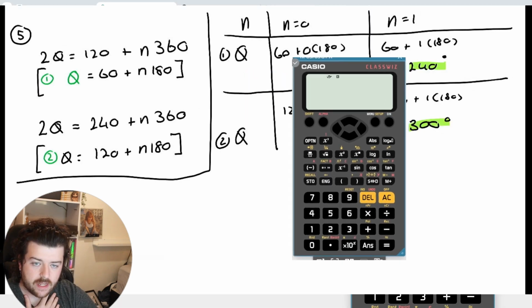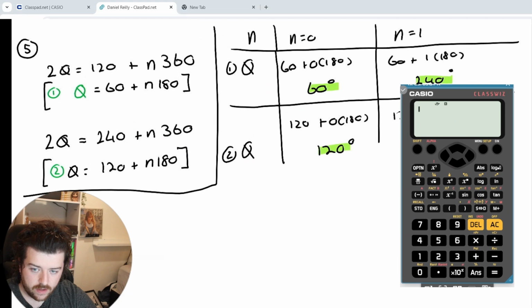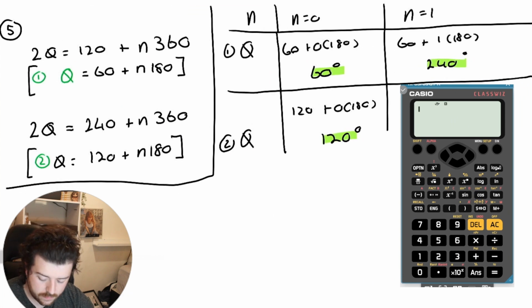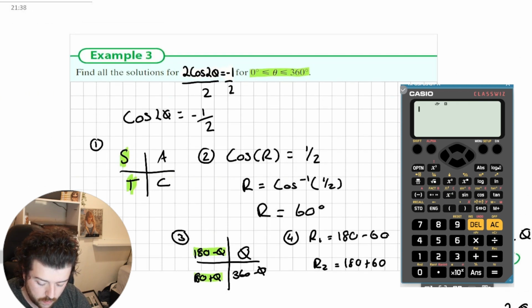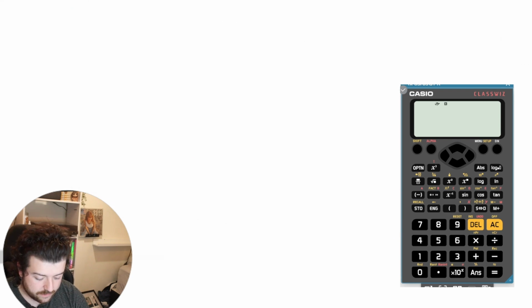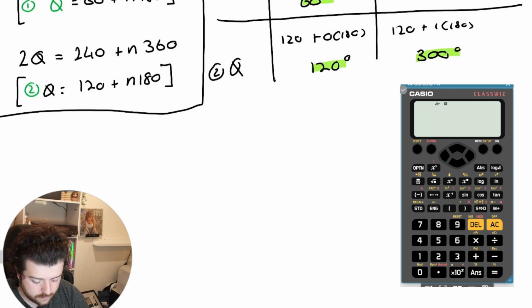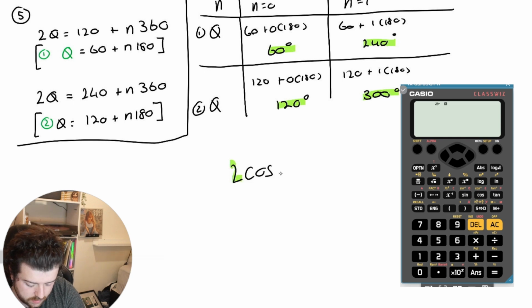So let me just, here's my calculator here. My original equation, if we remember, if we go back up here, was 2 cosine 2 theta equals minus 1.